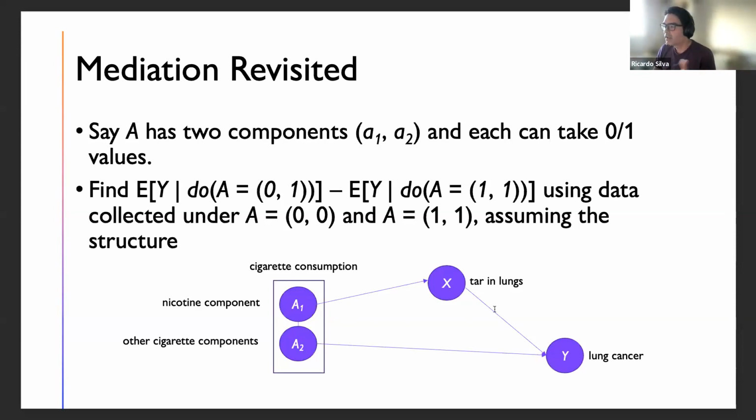We want to understand what it means if it goes indirectly via deposits of tar in the lungs. And one reason why we wanted to know that is, what if you were able to decouple the effect of nicotine in a cigarette from everything else, assuming that nicotine operates mechanistically only via this pathway of tar.